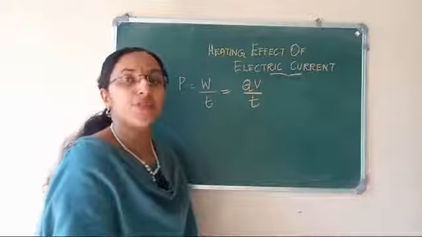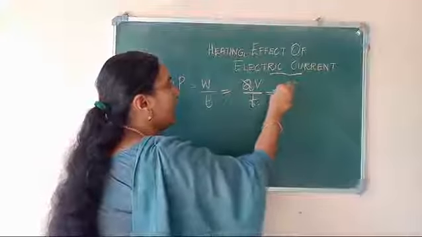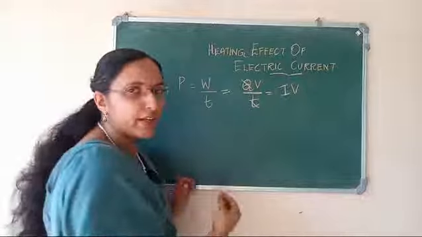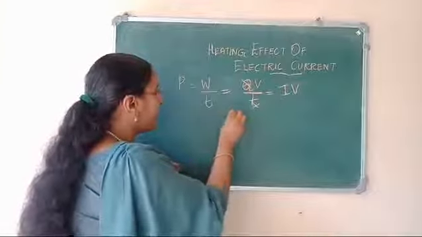You already learned this in the first part of electricity. And Q/T is already I. Therefore, P = VI. Or you will get VI from another method.